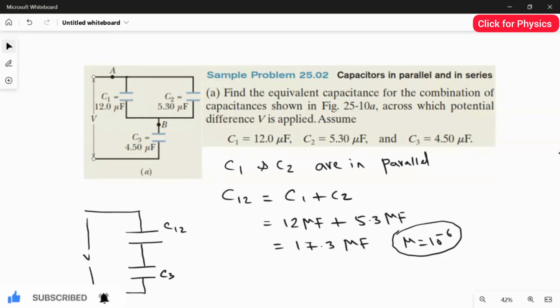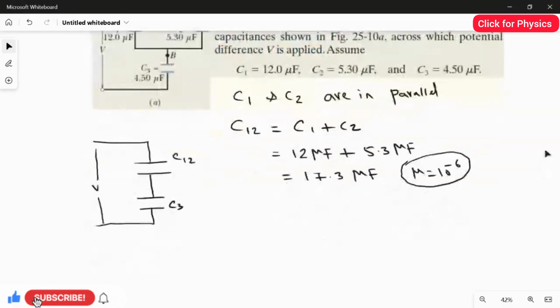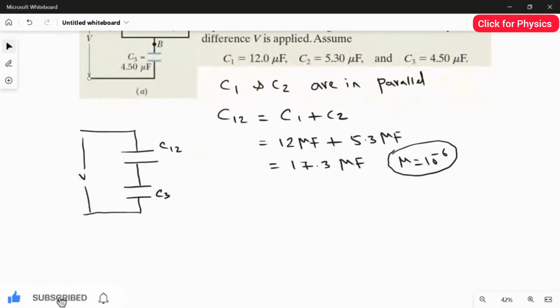Now you can see C12 and C3 are in series. So we have to apply the rule for series for C12 and C3. So let's write: C12 and C3 are in series.